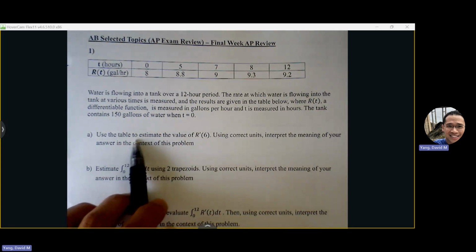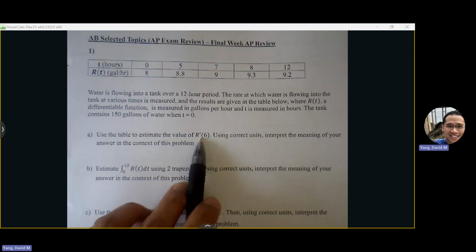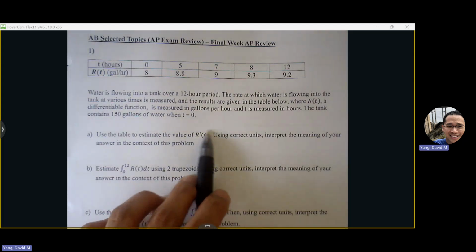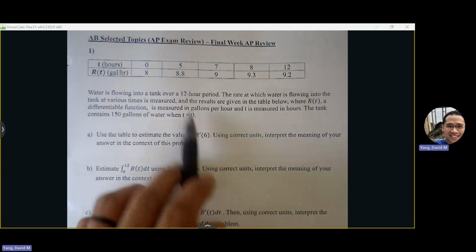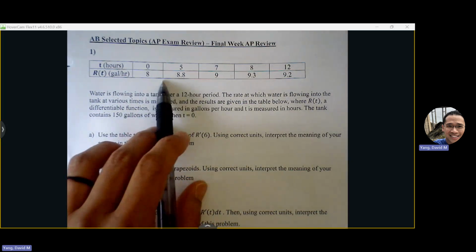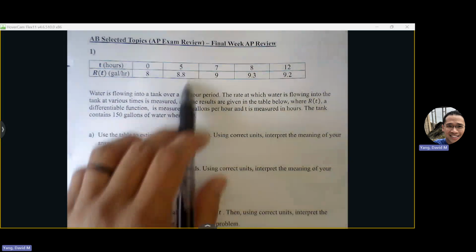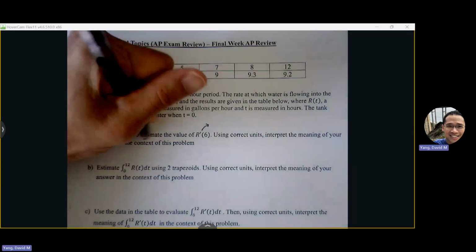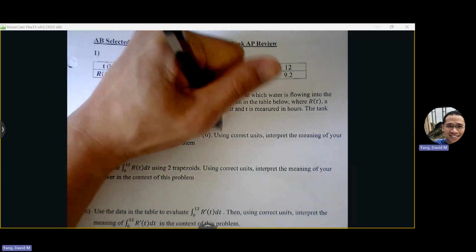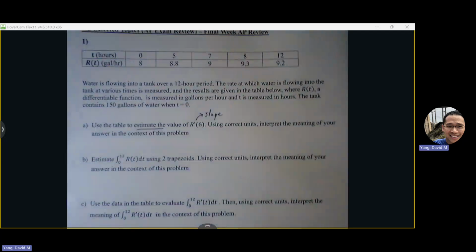Part A, use the table to estimate the value of R prime of 6. So R prime of 6 is basically asking for the derivative of R at 6, and we don't have a function to find the derivative. So the next best thing is approximation using slope, right? Because we know slope and derivative are related.